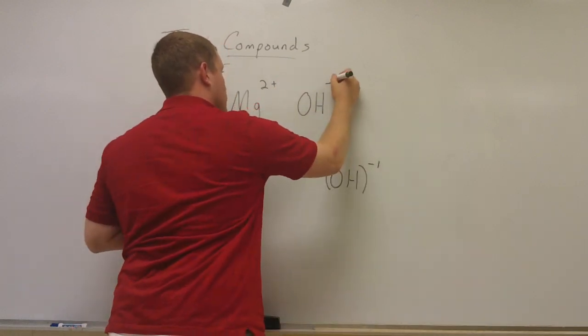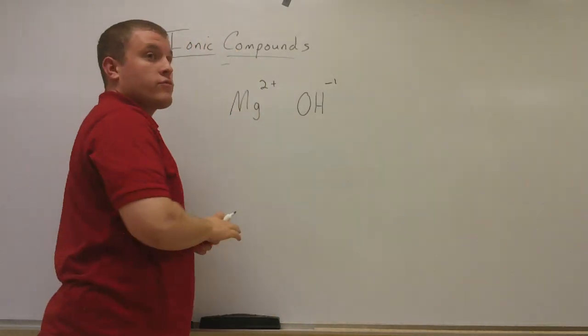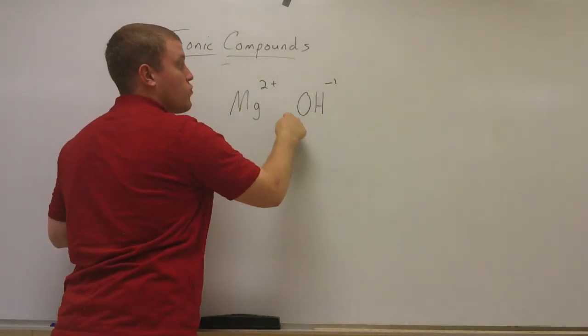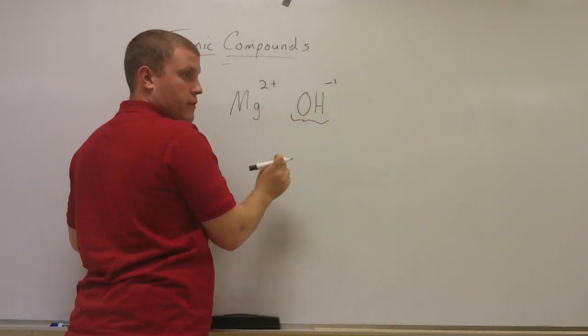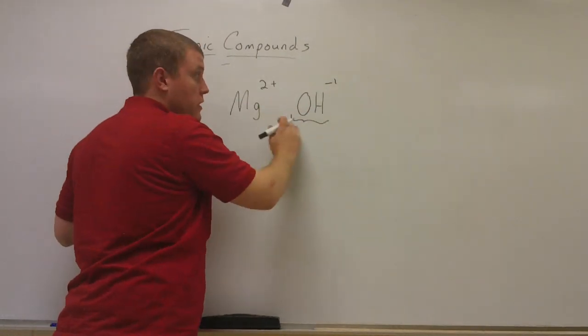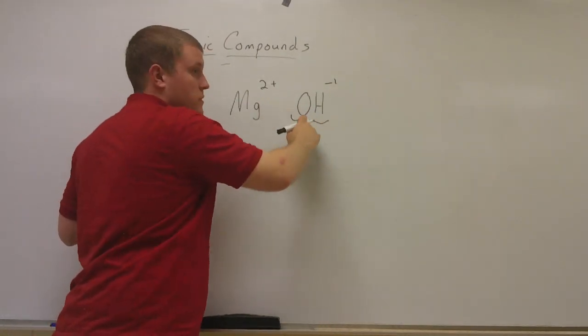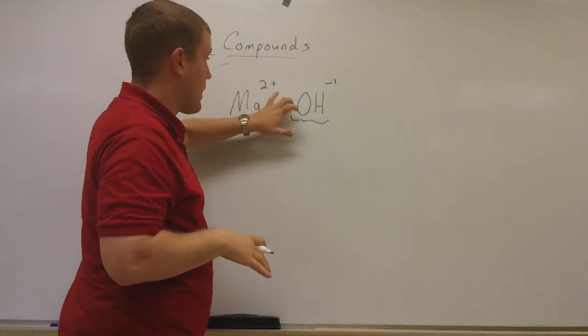So we're going to have a -1 charge right here. Now, I treat this common polyatomic ion as one thing. I'll leave that there for now, but in the year when we're working through problems, I'm not going to be making it separate and distinct like that. You're just going to have to know that that's a common polyatomic ion.